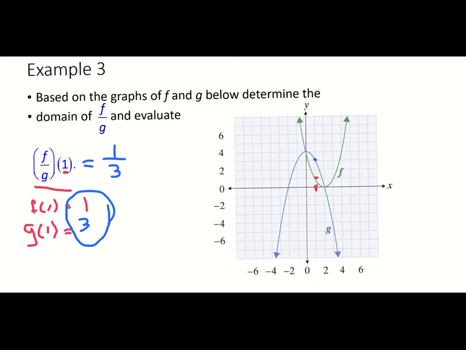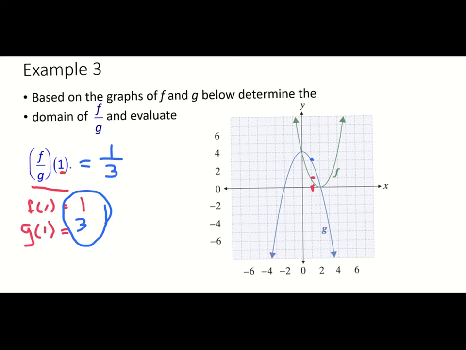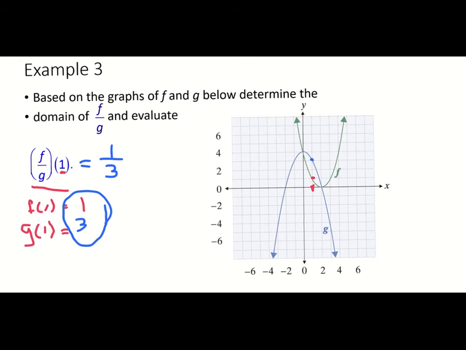Now, we have two parabolas here. So for parabolas, the domains for each are all real numbers. For f, it would be all real numbers for domain. Any x value would work. And for g, any x value would work. But because we do have a division problem here, so we're finding the domain for f divided by g, remember, you can't have a 0 in your denominator.